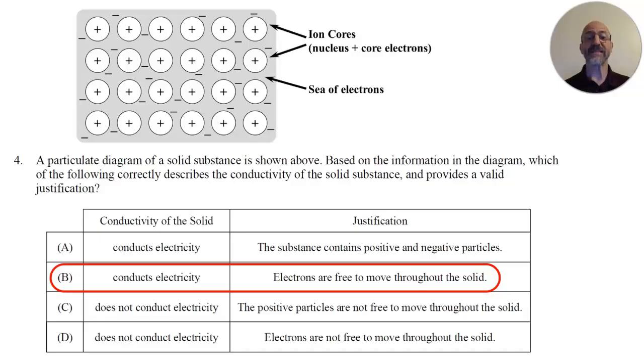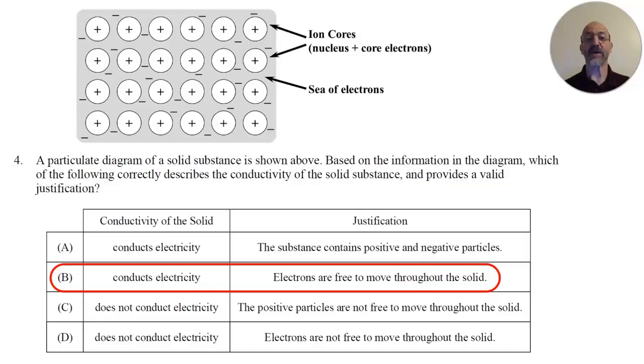So just simply stating that a substance contains positive and negative particles is not a sufficient justification to explain conductivity. For conductivity, you have to talk about mobile charges. Specifically, in this case, it would be the mobility of the electrons. All right, well, that is the correct answer to question 4, choice B.